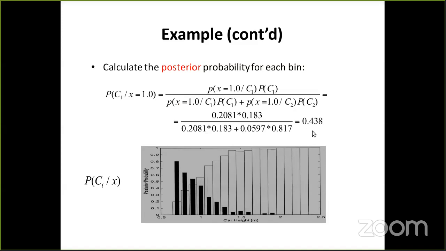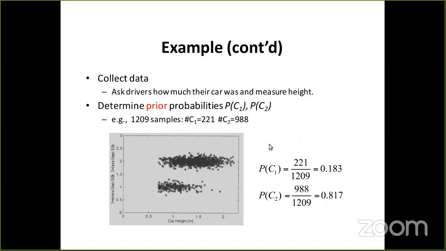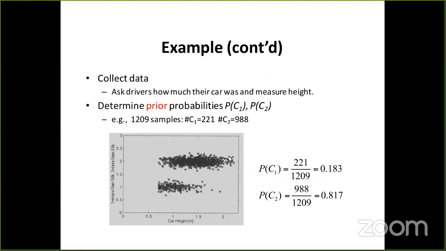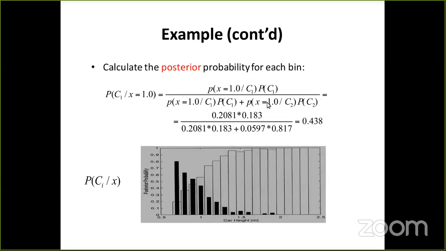It seems counterintuitive, but if we go back to our data, although the likelihood suggests that category 1 is more likely, we also have a prior which says that most cars that we observed were actually from category 2. That's why P of C1 came up to be a small number. And in Bayes rule, we have this multiplicative small prior factor, which is telling us that although we observe that it's 1 meter, it's still more likely that our car is from category 2.